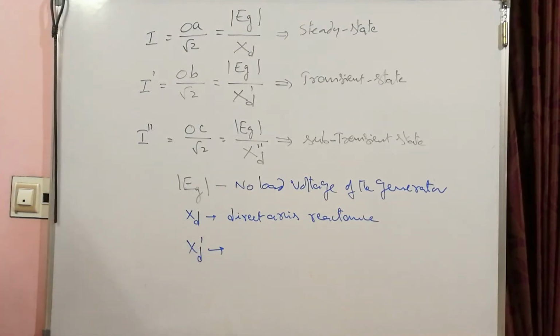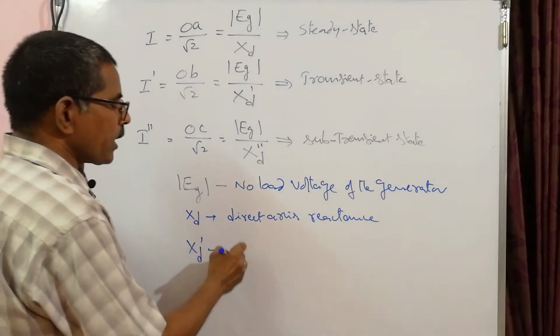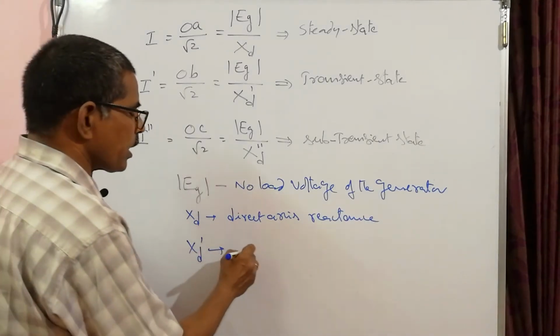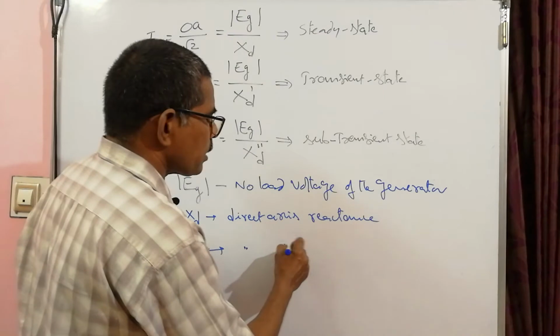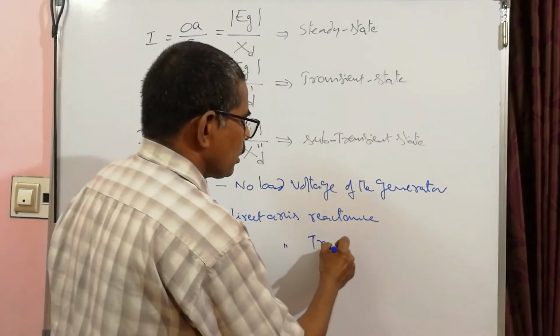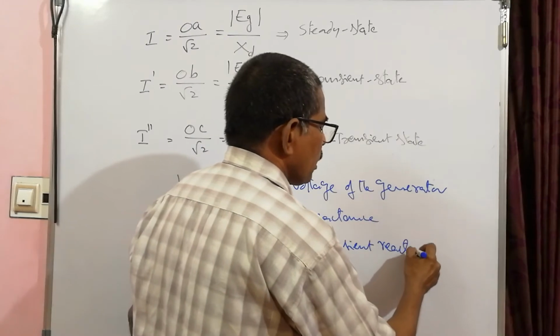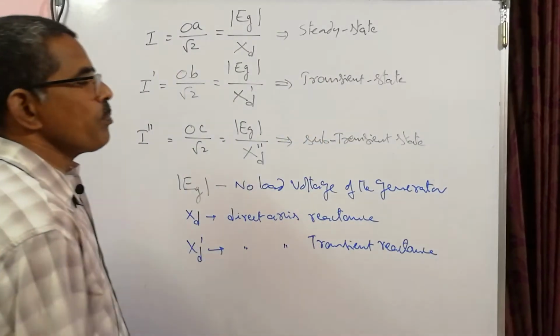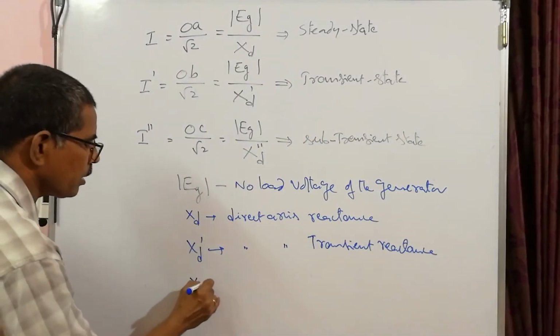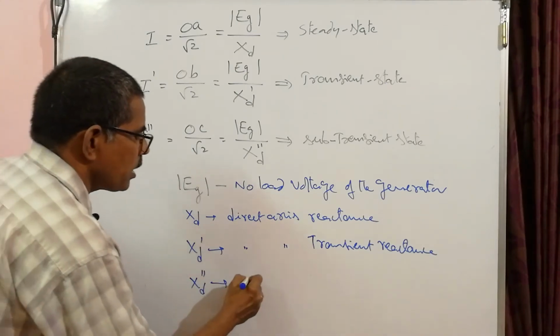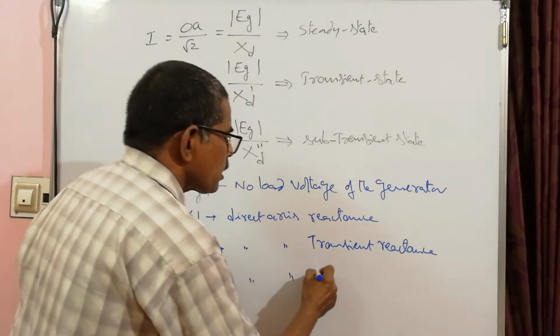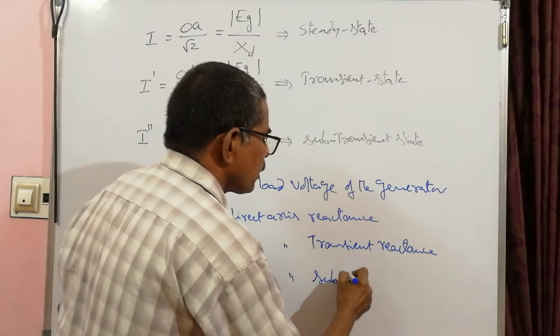What is XD dash? Direct axis transient reactance of the machine. Similarly, the third one, XD double dash, is the direct axis subtransient reactance.